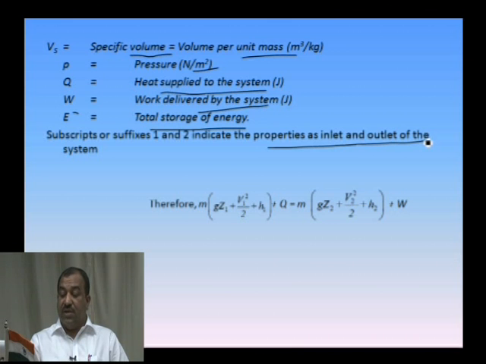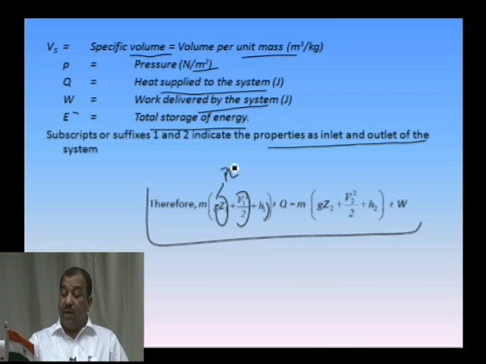The steady flow energy equation is given by the equation: m into g into z1 plus v1 square by 2 plus h1. This is the potential energy, this is the kinetic energy, and this is the enthalpy. Plus the heat added to the system is equal to m into g z2 plus v2 square by 2 plus h2 plus the work produced.